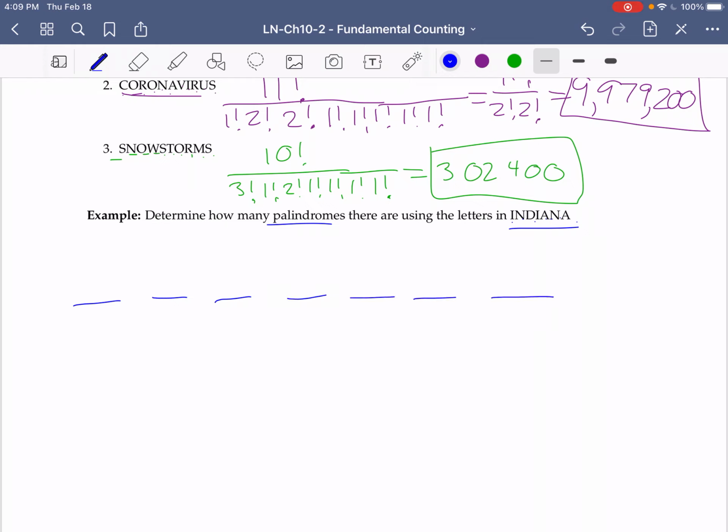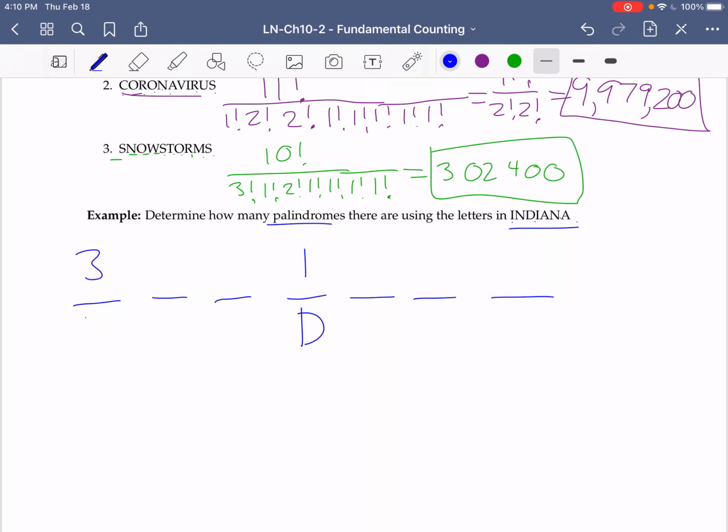Can we put that letter D anywhere? No, because there's only one of them. If it's going to be the same forward and backwards, that letter has to go right there in the middle, so we only have one option for the middle letter. What about our first letter? Can we put the letter I there? Sure. The letter N? Absolutely. The letter A? Sure. So we have 3 different options for the first letter.